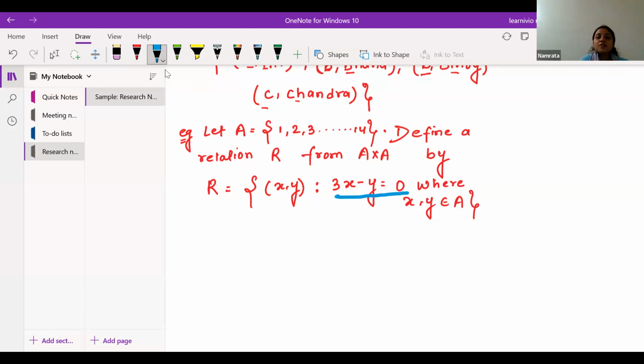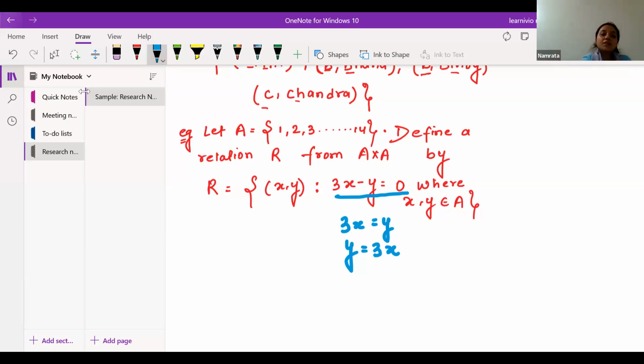To simplify this, can we write it as 3x is equal to y, or y is equal to 3x? Yes, those are the same thing. We have just changed the side of y. So we can write the given relation as y is equal to 3x.